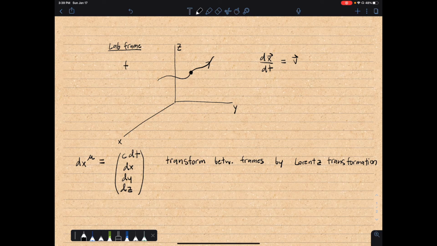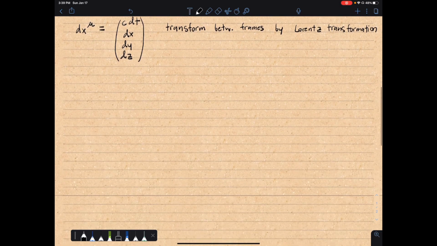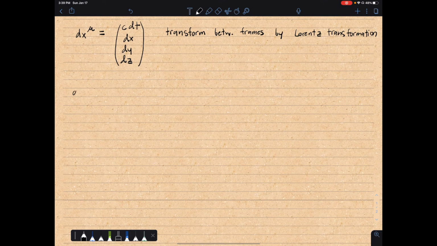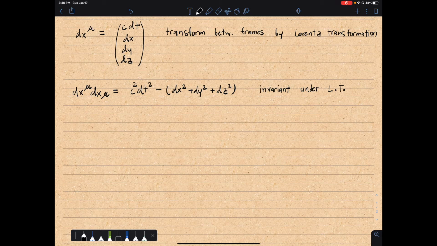Because this 4-vector obeys the Lorentz transformation, we can define a scalar product of it with itself, which will be invariant under any Lorentz transformation. The proof for why this expression is invariant under Lorentz transformations is an exercise left for the reader.